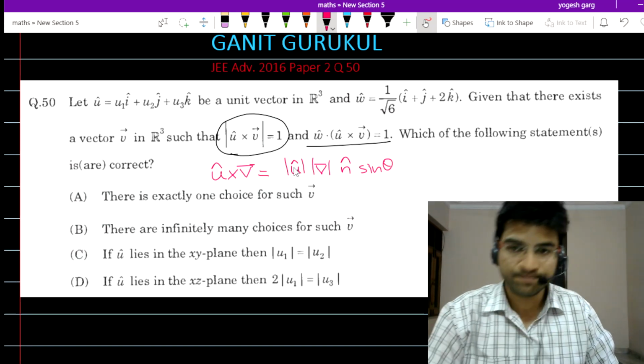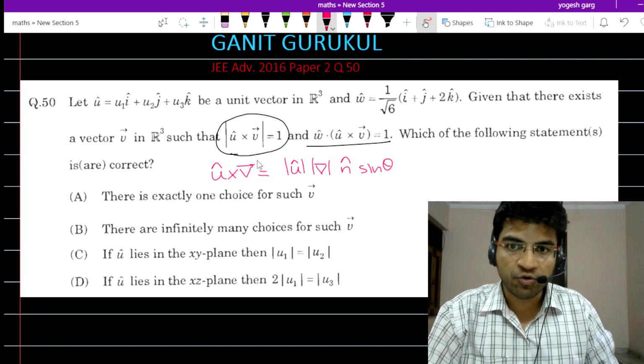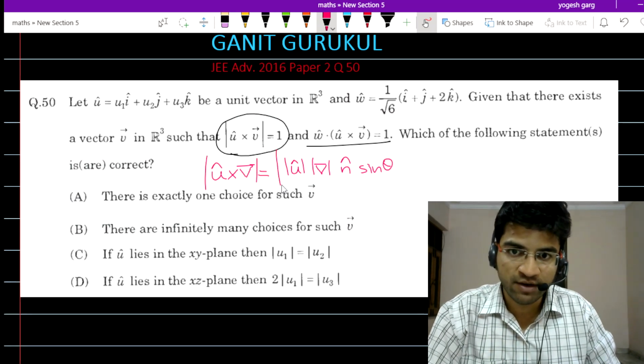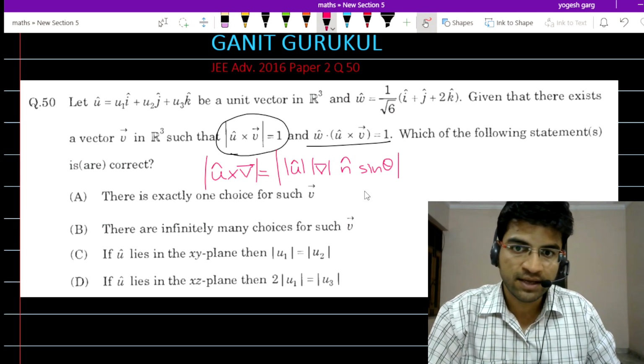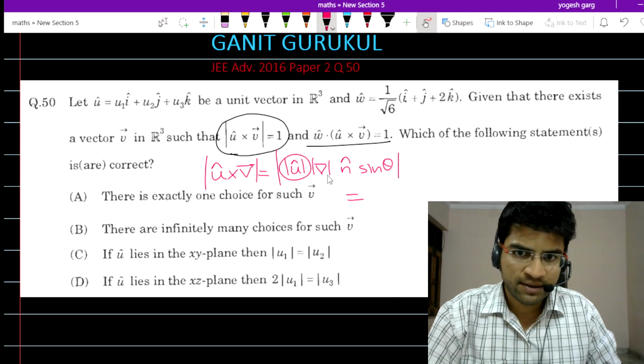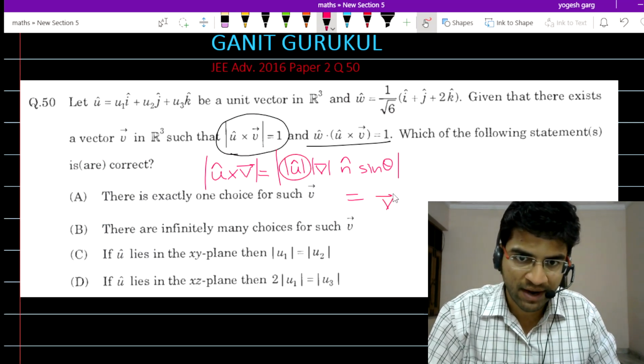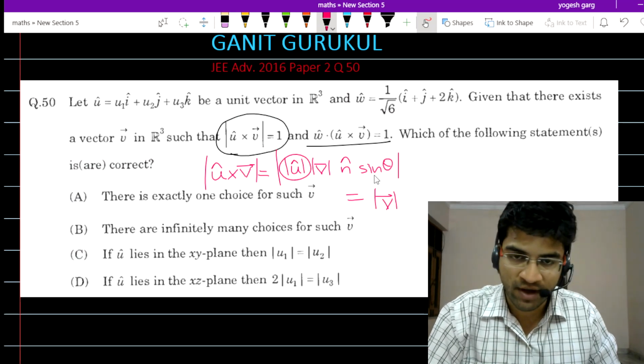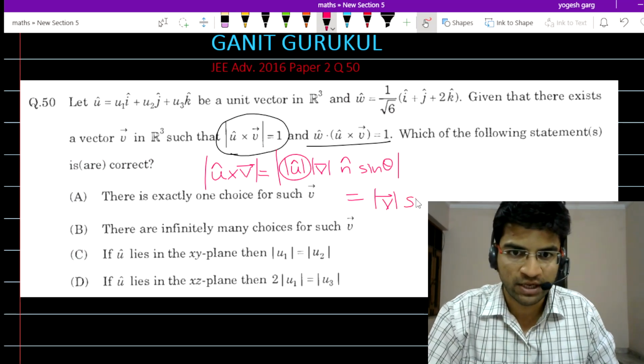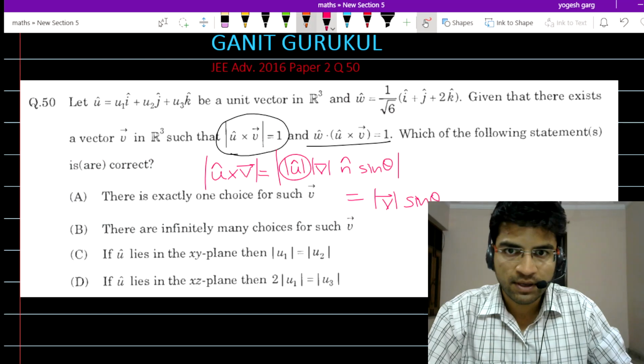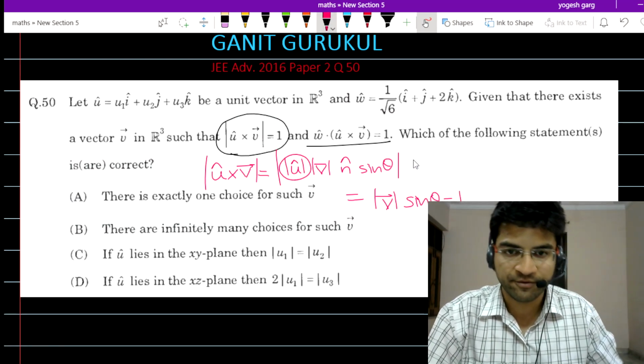I hope you are getting this. But we have to find its mod. So its mod will be mod of V vector, n cap mod will be 1, sine theta mod will be sine theta only. So this is equal to 1. So this is one thing what we have.